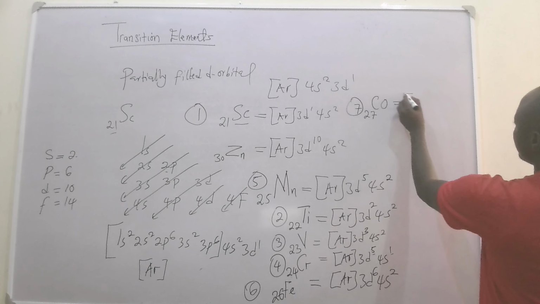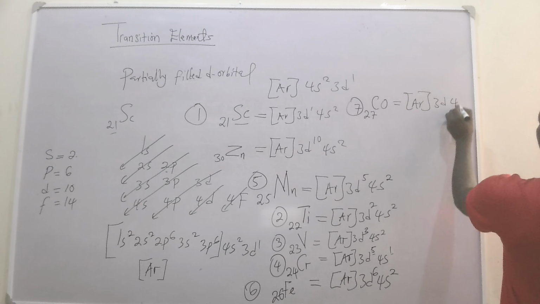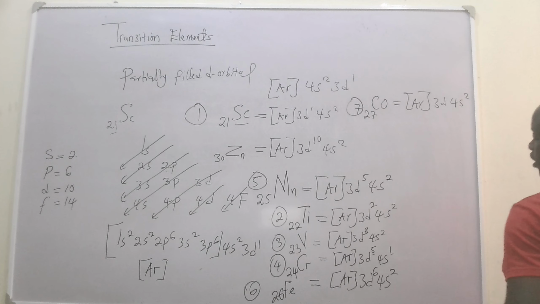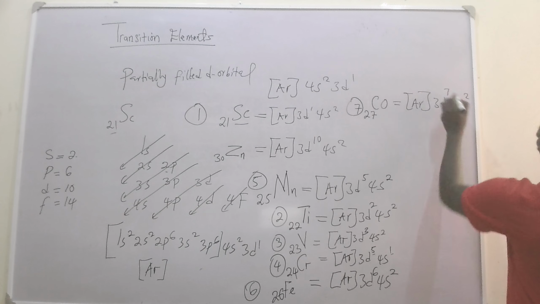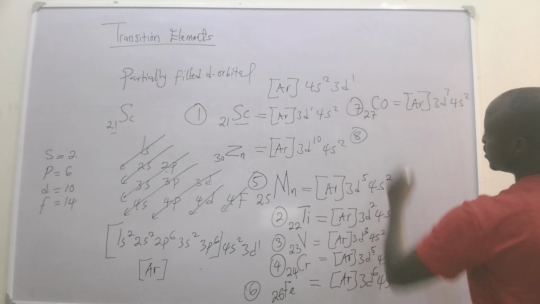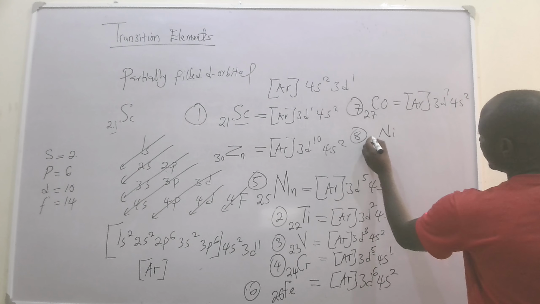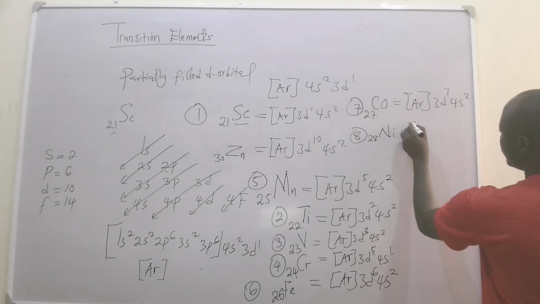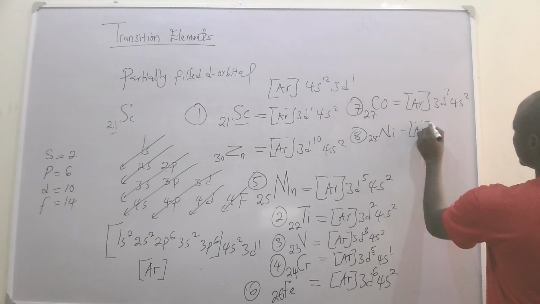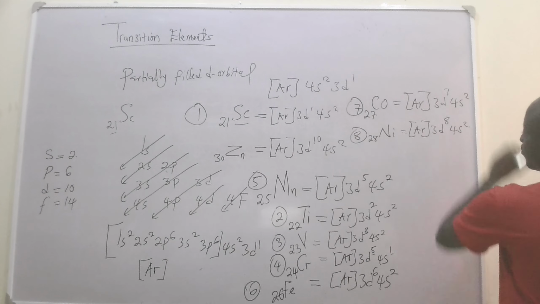So then we now have argon configuration, then we have 3d 4s, so we have 4s2 and then 3d7. And very importantly, number 8, apart from cobalt, is nickel. So the atomic number of nickel is 28. So it's now going to be argon configuration, in bracket, we have 3d 4s2, and here we have 8.